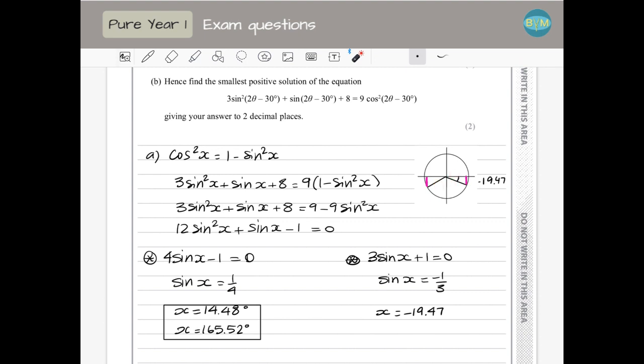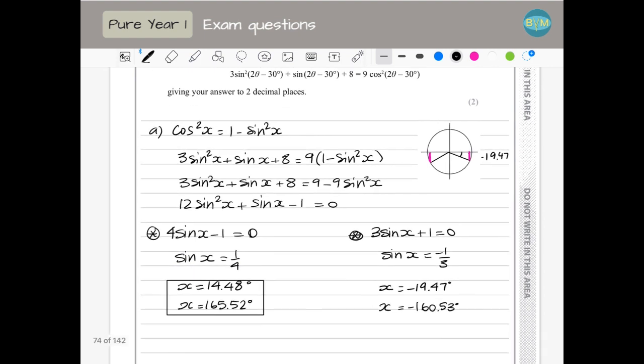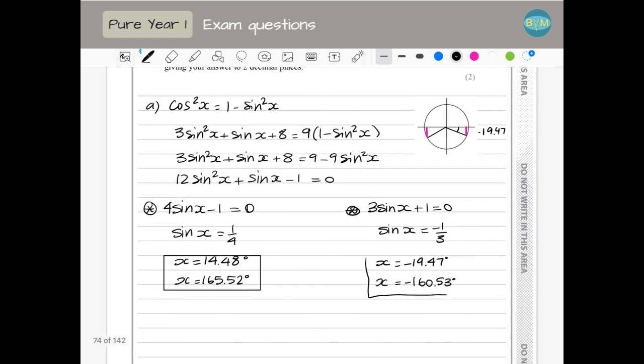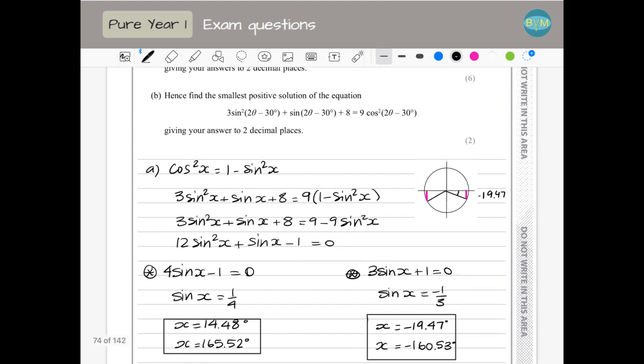So the negative angle will be minus 180 plus 19.47, which is this value here. So x is minus 160.53. All of them are degrees. So these are my 4 solutions.